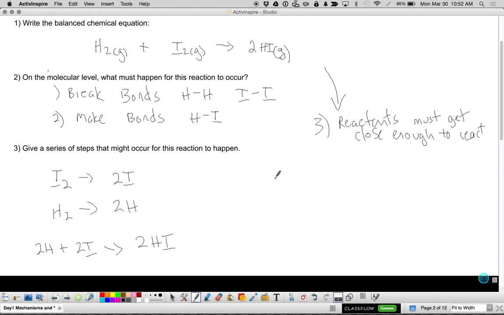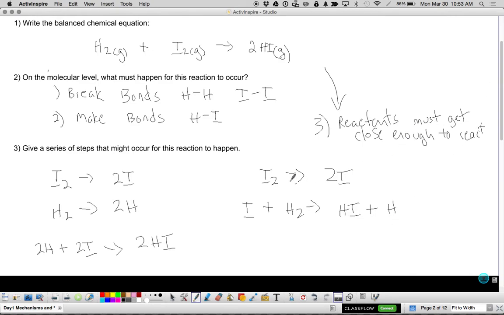Okay, maybe you came up with something similar to this. Maybe you came up with something like this. I have my iodine molecule breaking up into 2 iodine atoms, and then 1 iodine atom reacting with a hydrogen molecule to form hydrogen iodide plus a hydrogen atom.